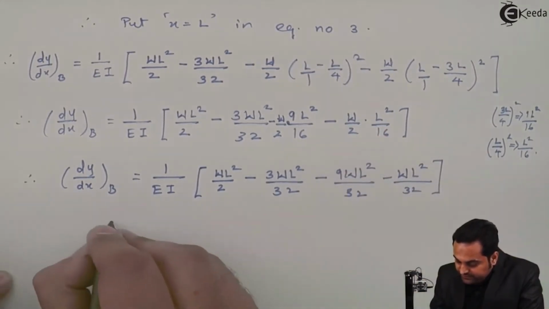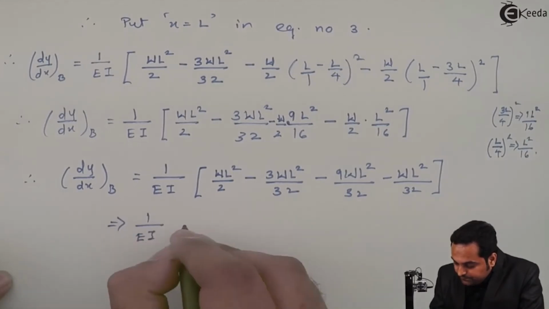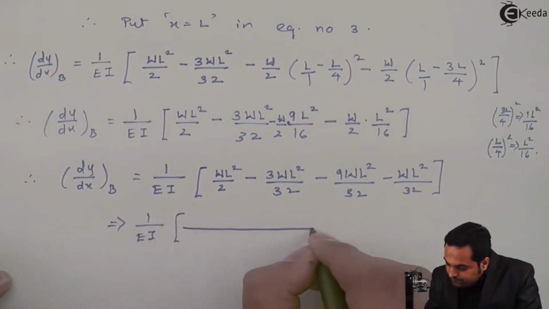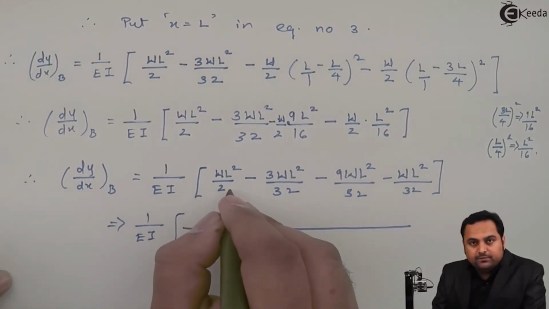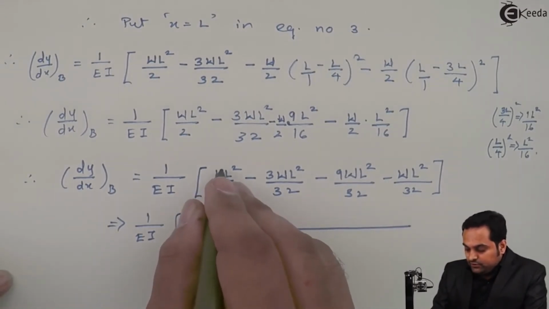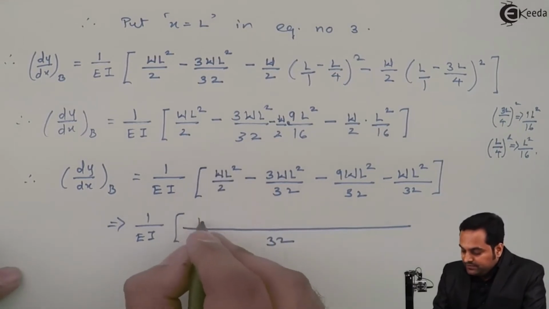So on simplifying this, here I can take 32 as the LCM. So I'll have to multiply with 16 here. So numerator will also get multiplied by 16.